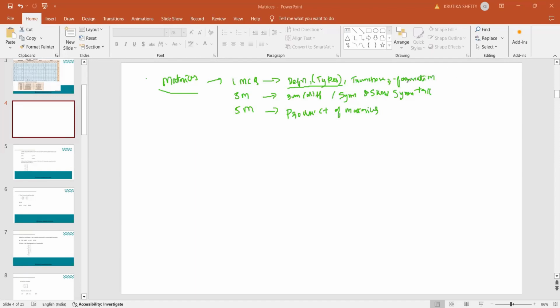All these 3 types of MCQs we will be discussing. Then a 3 mark question may occur from the algebra of matrices, that is, sum or difference of matrices, or symmetric and skew symmetric matrices. And the 5 mark question will occur from the product of matrices. Please make a note of this quickly, and we will begin with the main part.